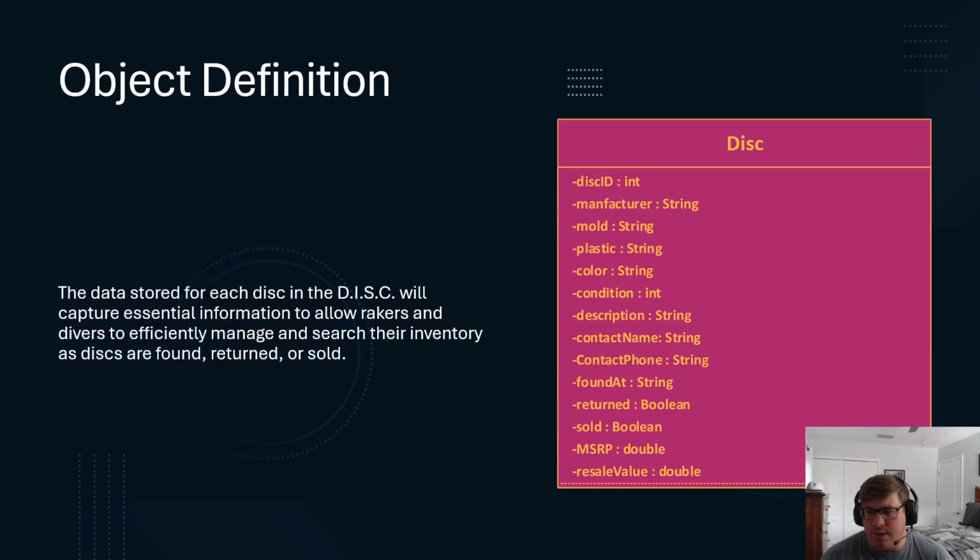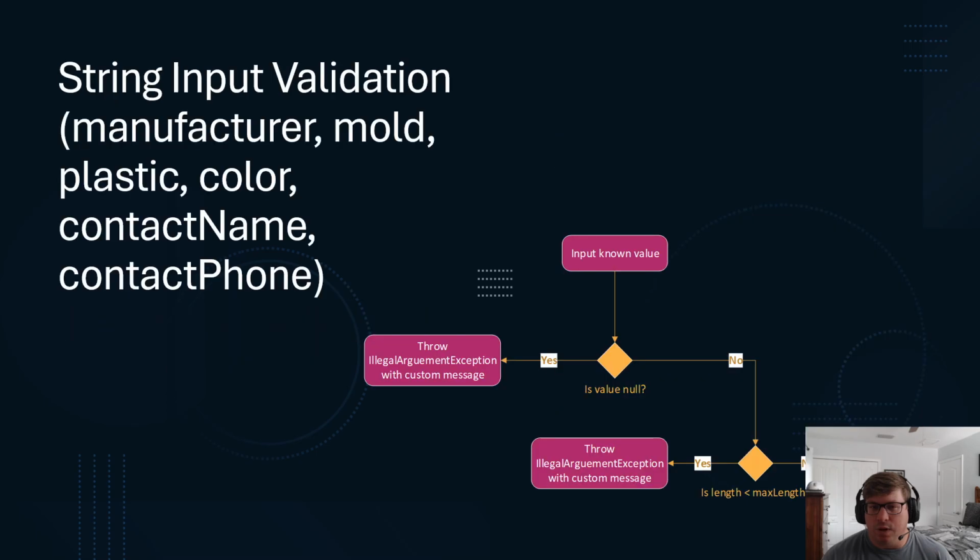That way, when I do create the UI, I'd like to have some sort of drop-down list or something to that effect. And there are tons of manufacturers, mold, plastic variations out there, but I think if I could narrow them down to the popular ones for the sake of this assignment, would that be a good route? Give me your thoughts. So let's go ahead and move on to string input validation.